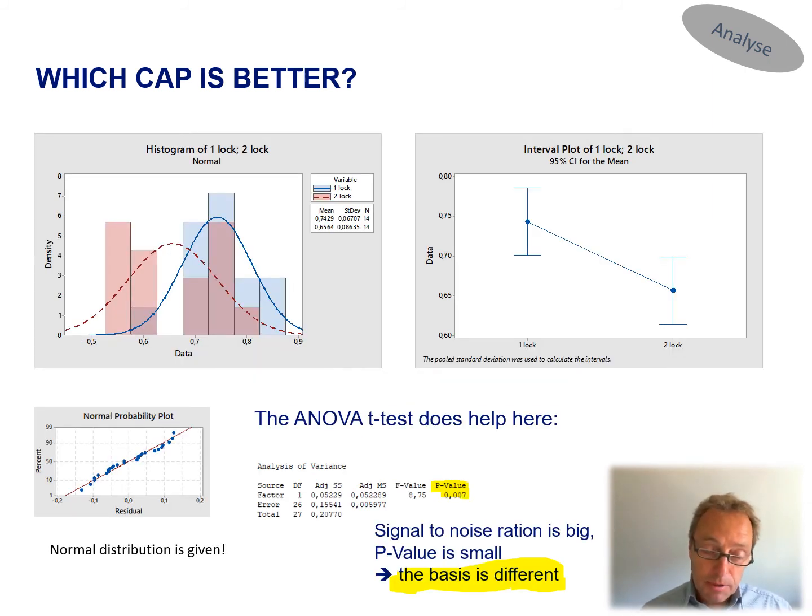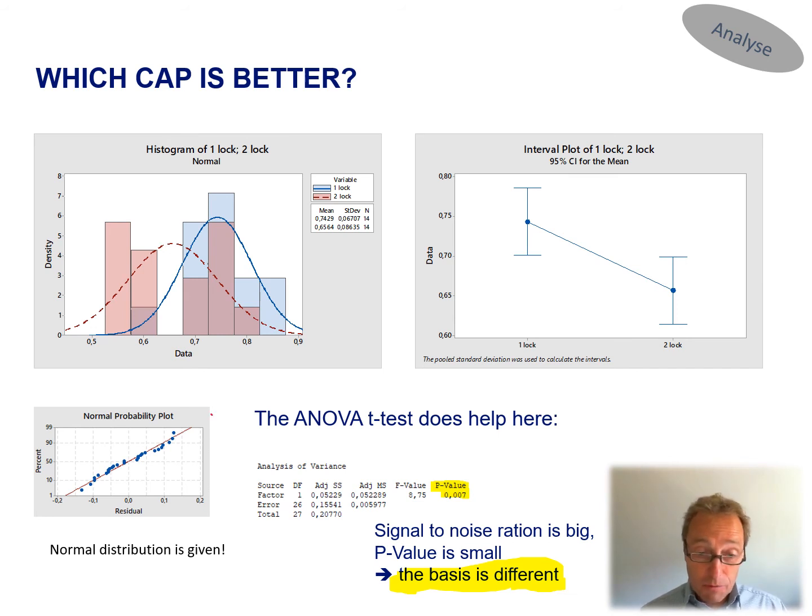I am every time also a big friend of a histogram to see the two curves. Here we see the two curves, the blue one and the red one, and we see what we have seen already in the figures. The mean is lower, but the variation is higher. But also here it's not clear which is better.